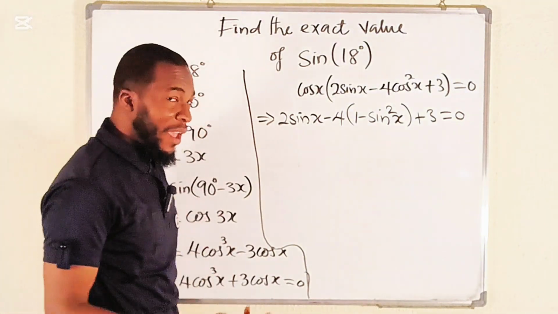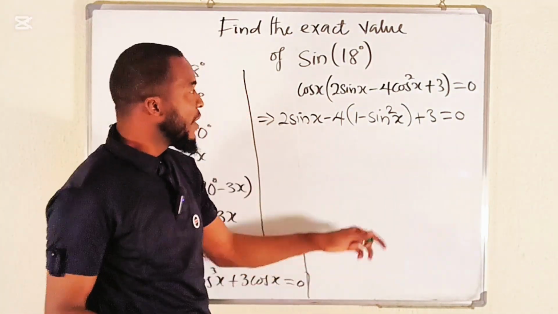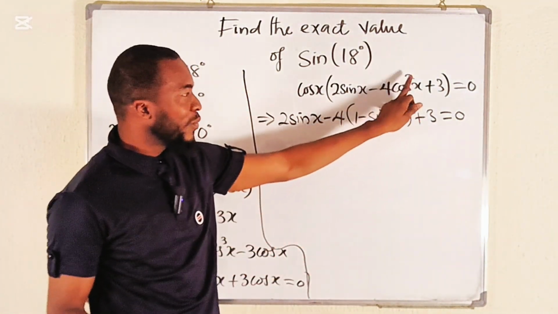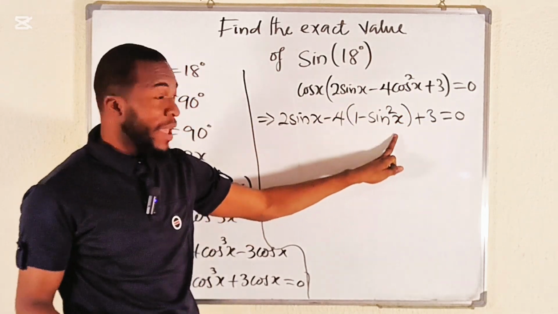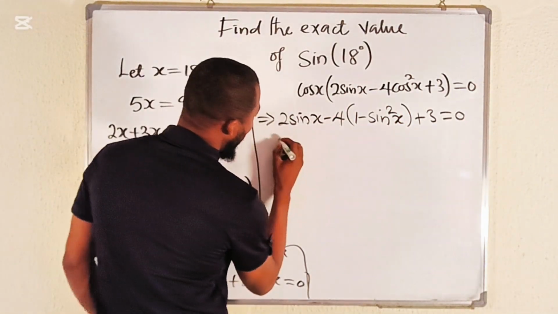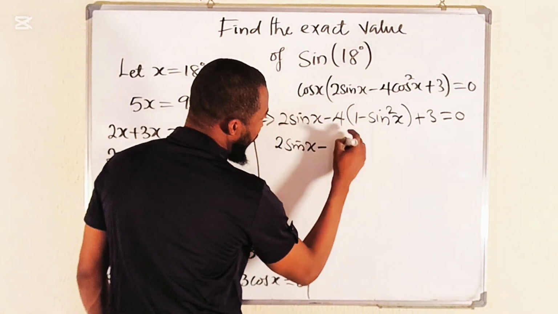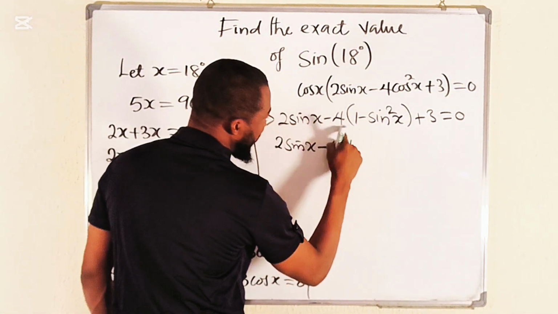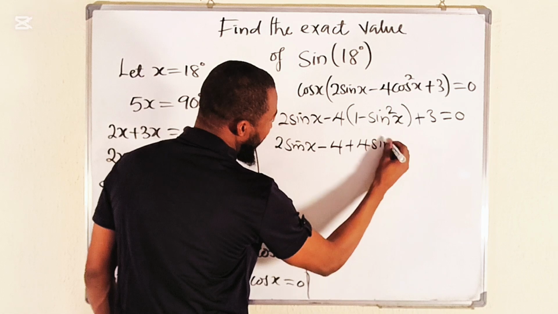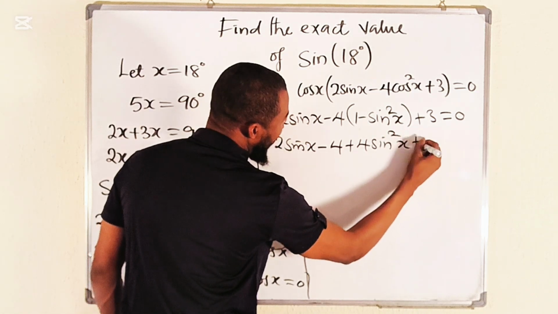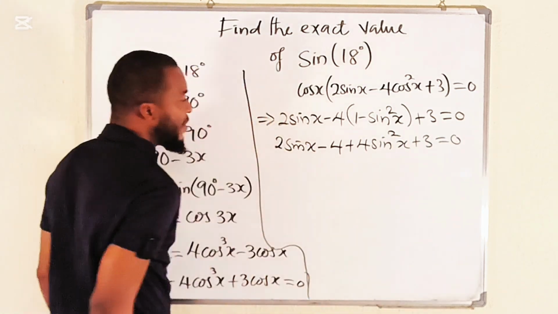Remember, sine squared x plus cosine squared x is 1. Therefore, we can express cosine squared x as 1 minus sine squared x. So we have 2 sine x minus 4 plus 4 sine squared x plus 3 equal to 0.